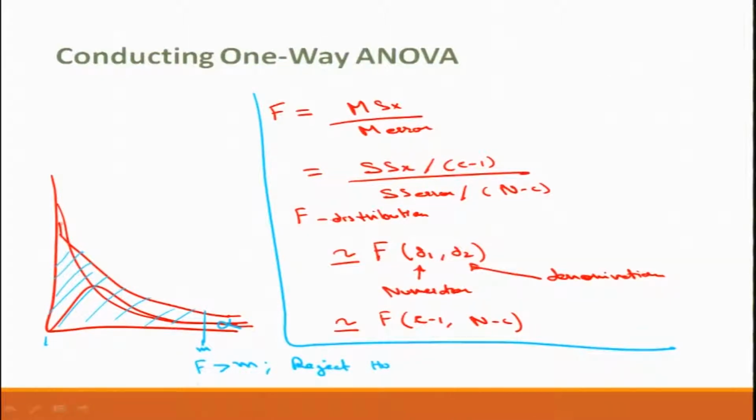Or in other words, you can say if the probability is P and alpha is my significance level, if I say it is 0.05 for 95% confidence level or 5% significance level, if the P value is less than 0.05, we reject H naught of the equal variances.